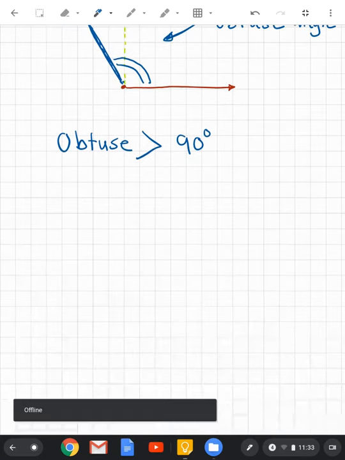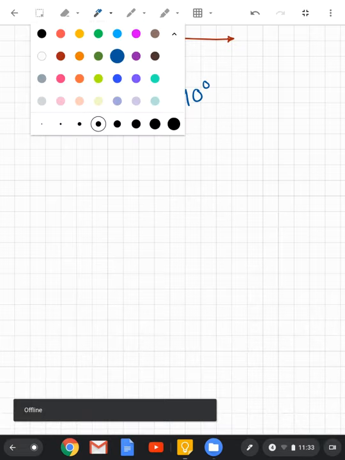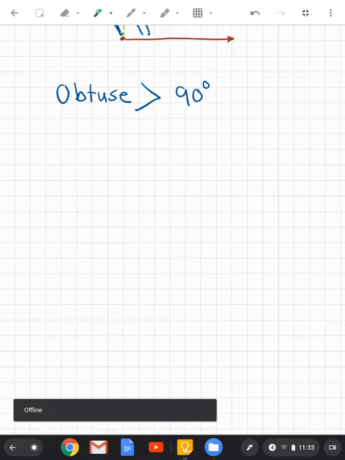Let us see some angles and you will tell me what the types of angle are. For example, here. What will be the type of this angle?